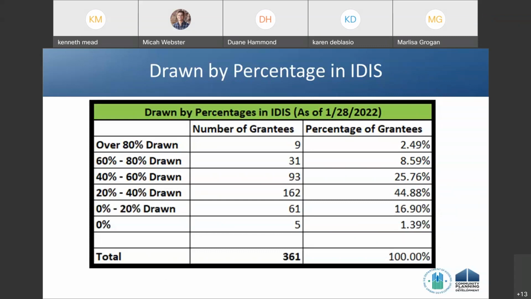And you can see that we have only 5 recipients at this point that have not drawn anything. And we're at 61 who are still under 20%. The biggest bulk of recipients are in the 20 to 40% drawn range, and then increasing all the way up to over 80% drawn, where there are 9 recipients.